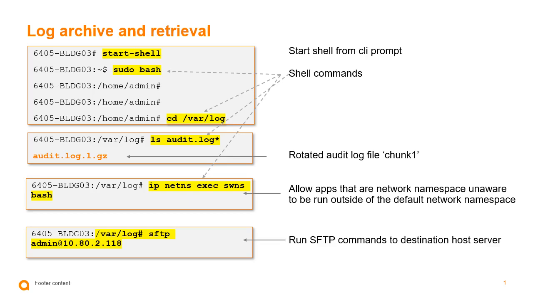And then we need to run the ip netns exec swns bash command, and this allows the shell namespace to be aware of the networking commands. And from there, we can then run sftp or even tftp, or SCP, SFTP or SCP being preferred, to extract our logs down into our destination host server.